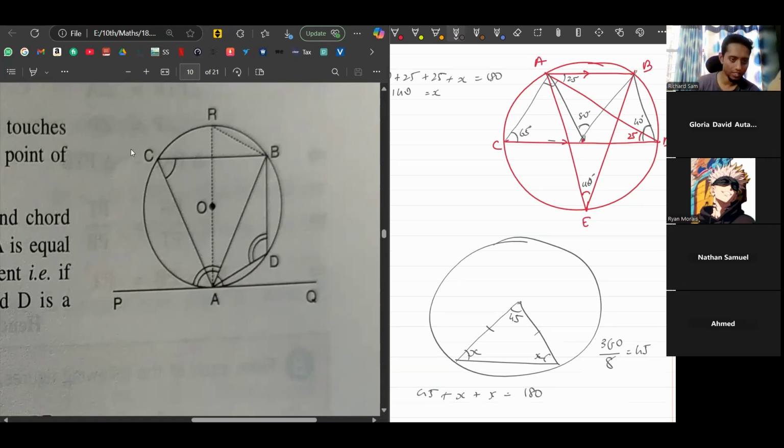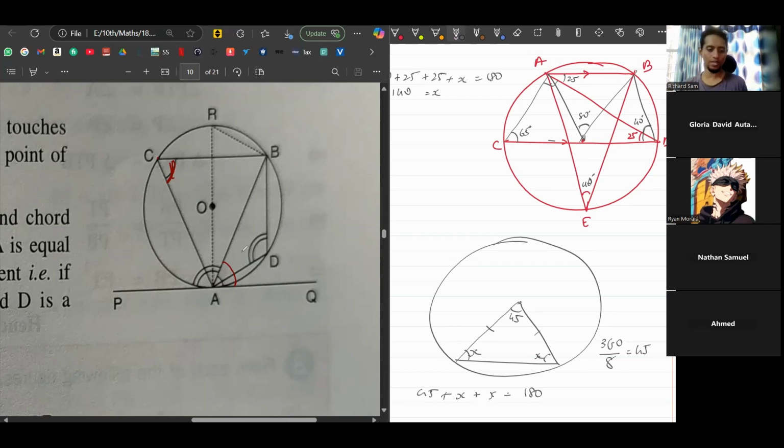Let me draw it. The angle between a tangent and a chord, say this angle here, will be equal to the angle in the alternate segment. That means from this chord, if you subtend an angle on the other segment, that is this point C, say this angle, these two angles will be equal.